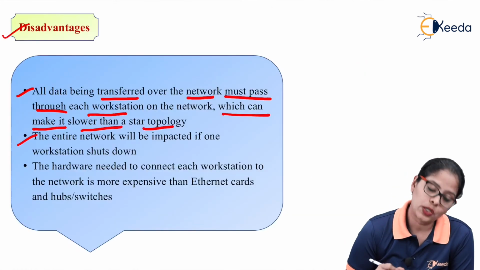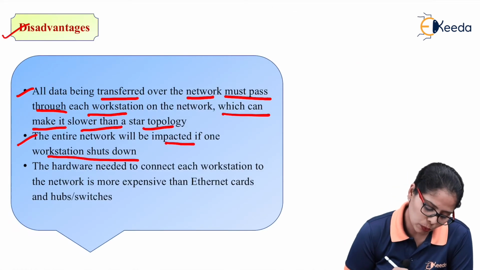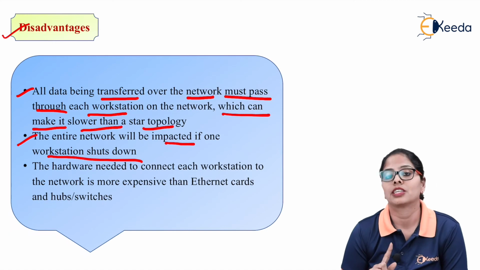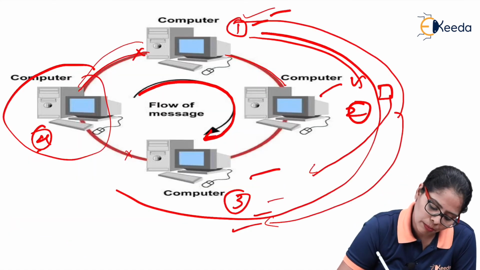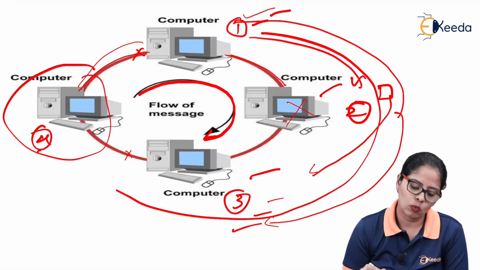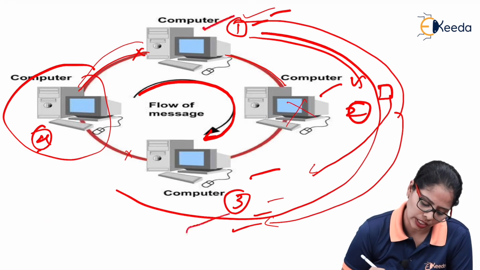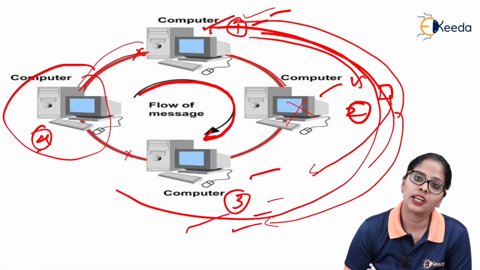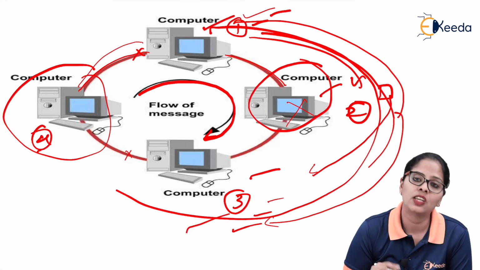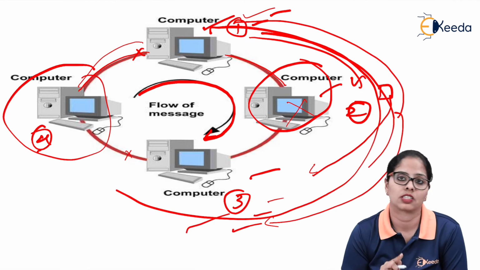The entire network will be impacted if any one workstation is down. Now see here, if this computer stops working, what will happen? Can my computer 1 and 3 communicate? No, because my entire network goes down if any one node is affected.